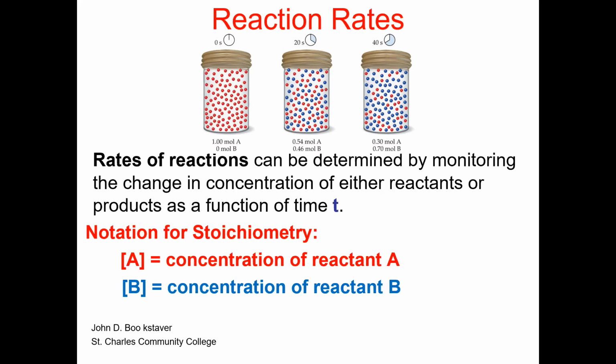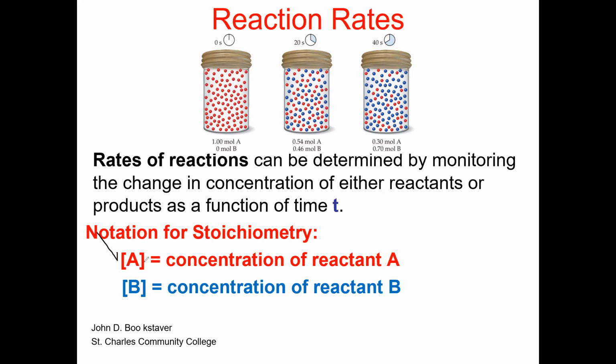So in this reaction, you can monitor the rate by determining the change in concentration of either the reactant, which is A, or the product, as a function of time. Now, the notation for stoichiometry: if you see square brackets in chemistry, they mean concentration.